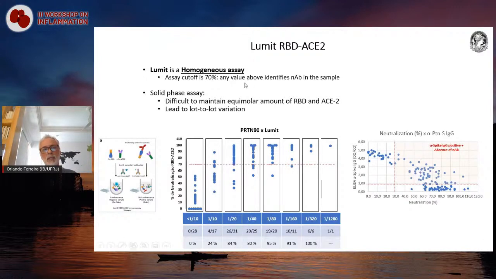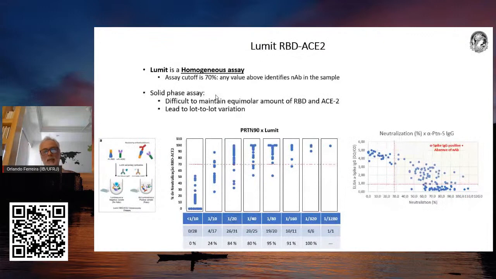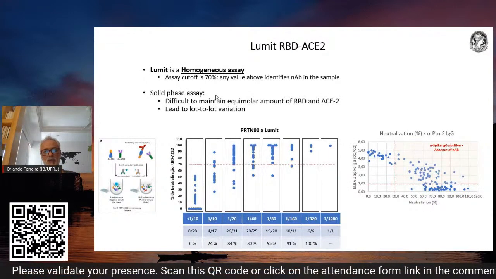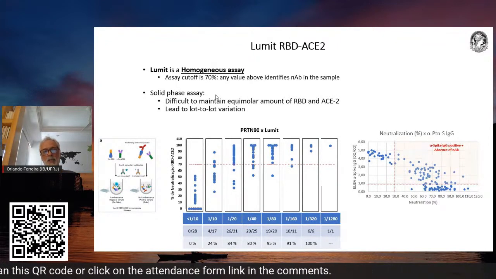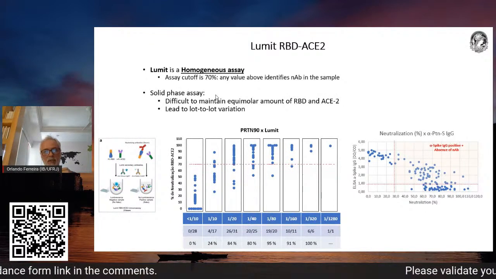And so it's very practical, for the reason that if you had to use a solid phase assay in which you would like to block the interaction of the RBD and the ACE2 with an antibody, we need to control the equimolar amount of both RBD and ACE2.